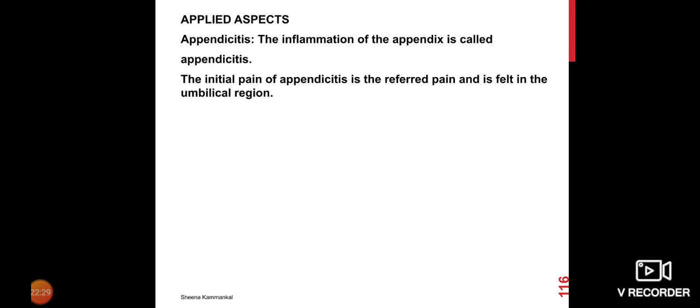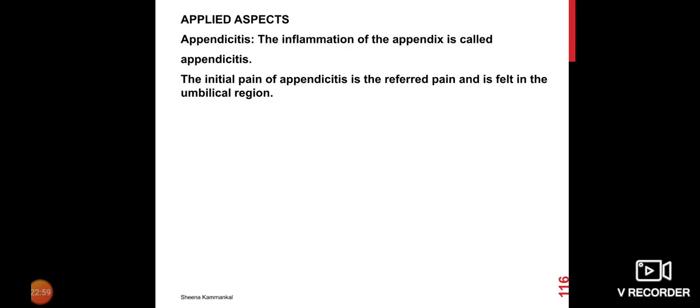You can palpate the hip bone anteriorly. When we trace the hip bone in the anterolateral part, you will get a spiny projection. That is the anterior superior iliac spine. From there, if you draw a line towards the umbilicus, you can locate McBurney's point at the junction between the medial 2/3 and lateral 1/3.